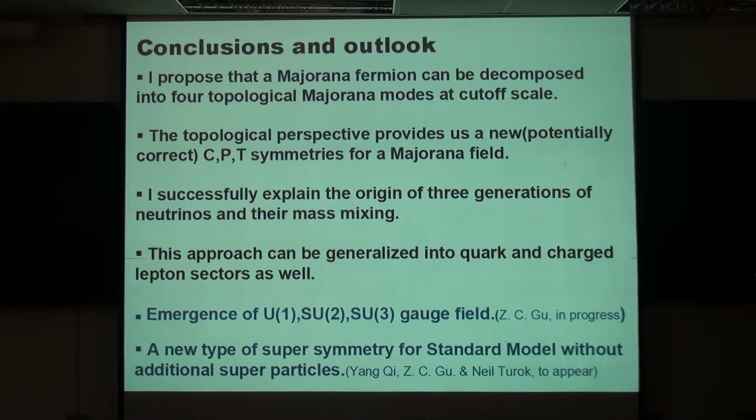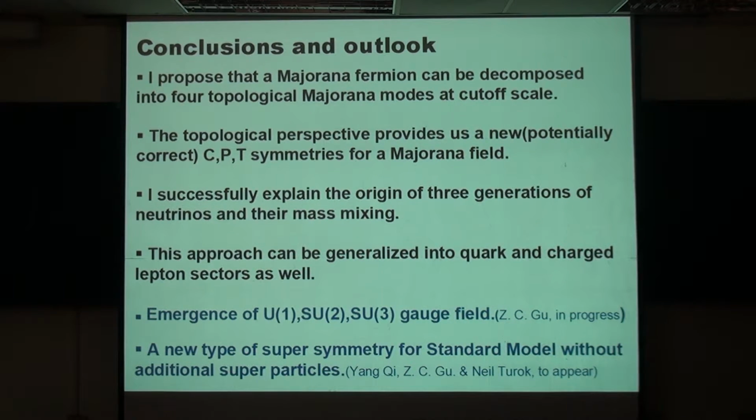So the point is that at a cutoff scale, there is only 1 generation, and we see 3 generations because, you can also think of this problem in a different way. You can think about the flavor symmetry as a gauge symmetry. If it's a gauge symmetry, it basically means at a cutoff scale they share the same degree of freedom.